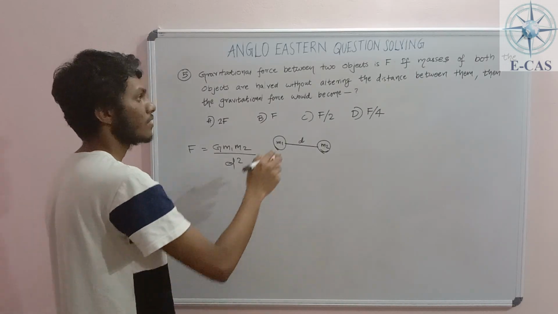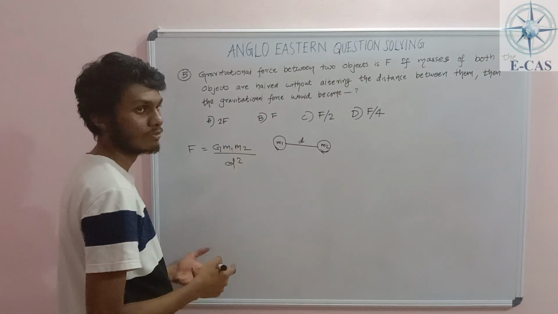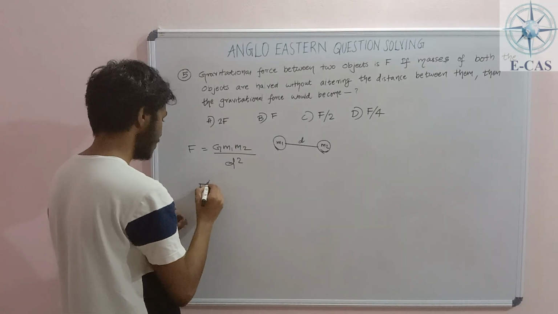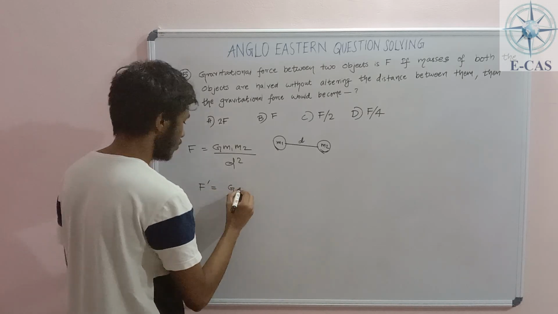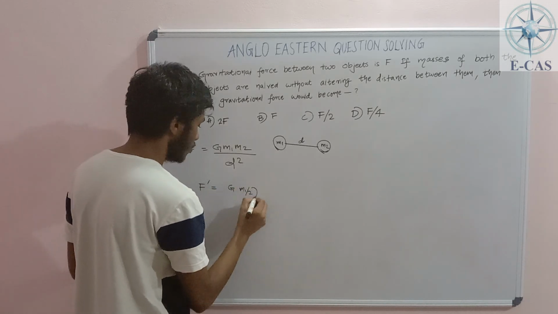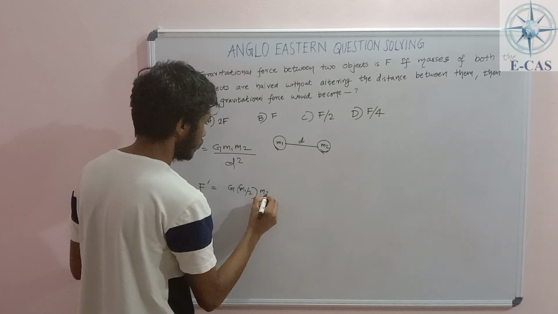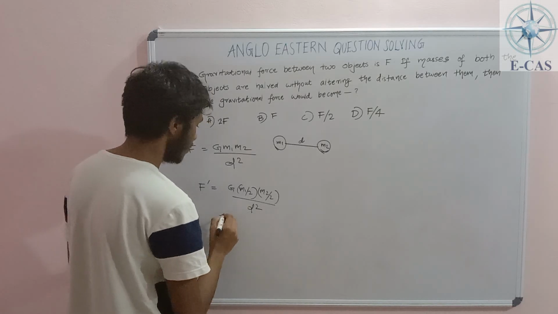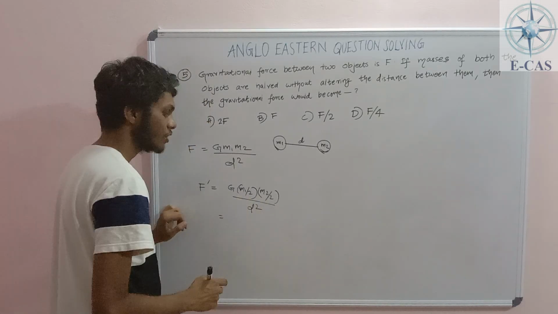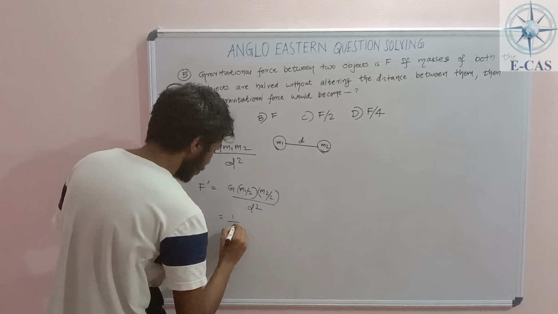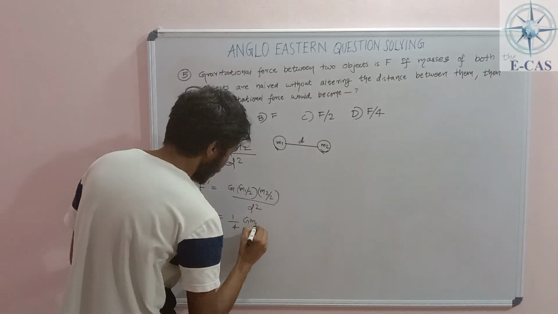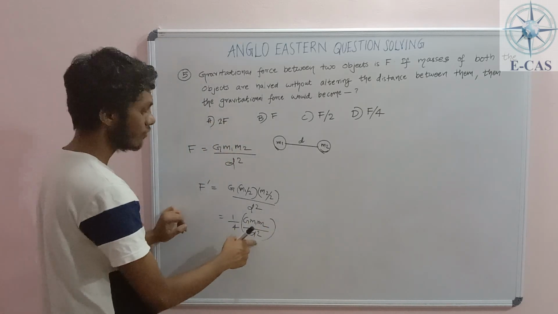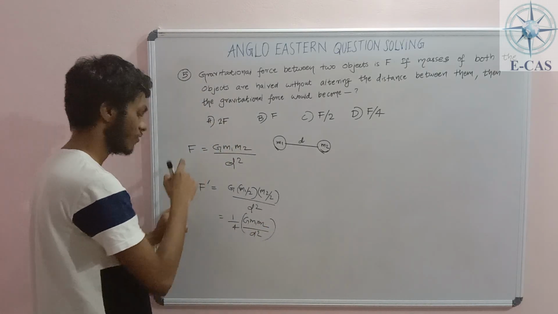Here the masses of the two objects are halved, so the new force F dash is equal to G into m1 by 2 into m2 by 2 by d square. This is equal to 1 by 2 into 1 by 2, which is 1 by 4, into G m1 m2 by d square, where the value of G m1 m2 by d square is F.